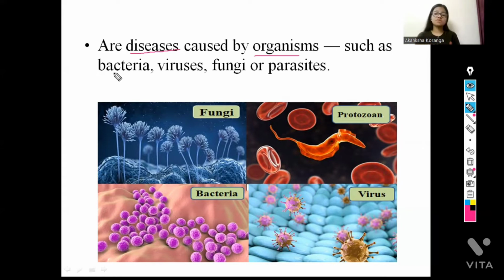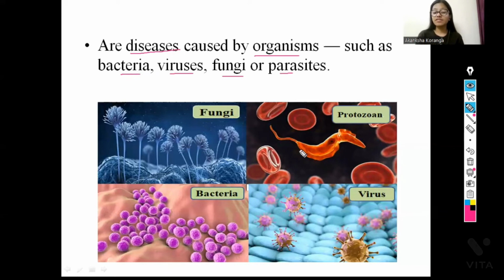Pathogens are very harmful microorganisms. Sometimes microorganisms are harmful for our body, but sometimes they are not harmful and can even benefit our body. But here, as we saw in this definition, there are some disease causing microorganisms and they are harmful, like certain bacteria, viruses, fungi, and parasites.